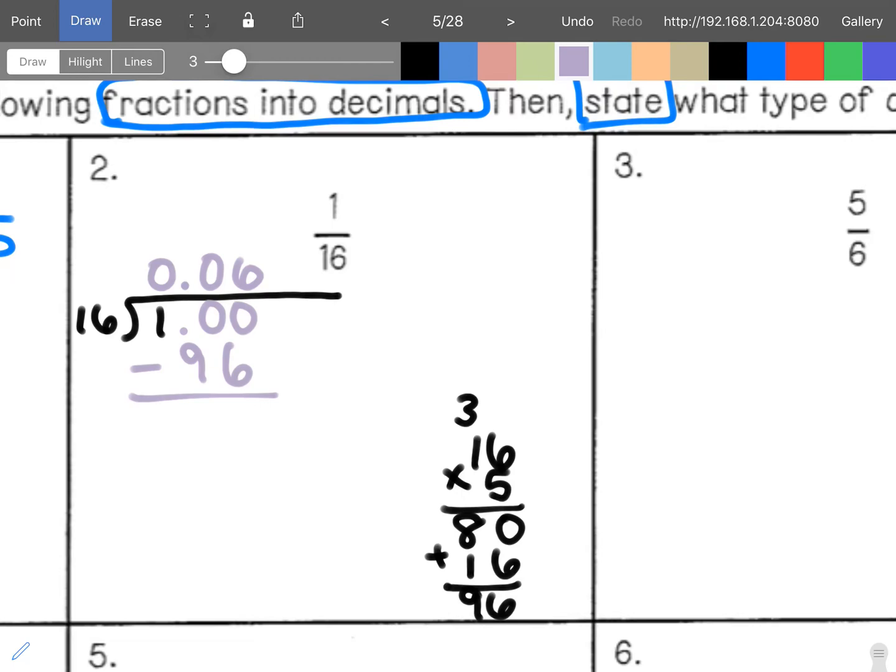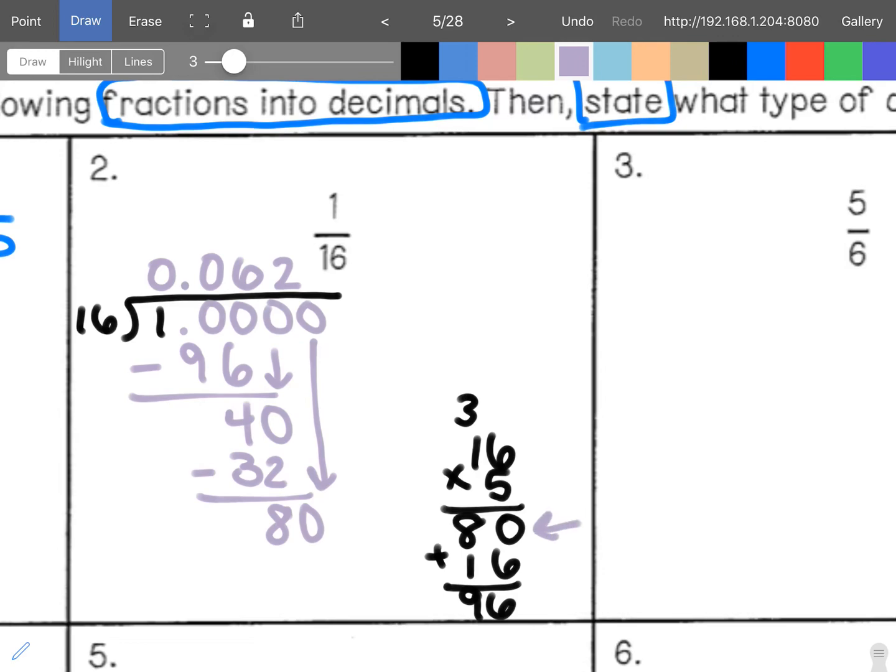Subtract, you get 4. So we still have that remainder, so we put another 0 and bring it down. Now 16 into 40, you probably could guess about how many of those would fit into there. If you say 2, I would say you're probably correct. That will give you 32. 40 minus 32 is going to leave us with 8. Still got a remainder, so we're going to bring another 0 down. Now 16 into 80, remember right here?